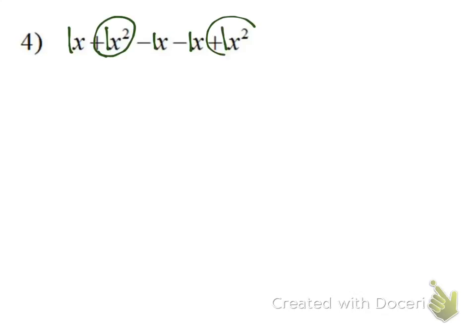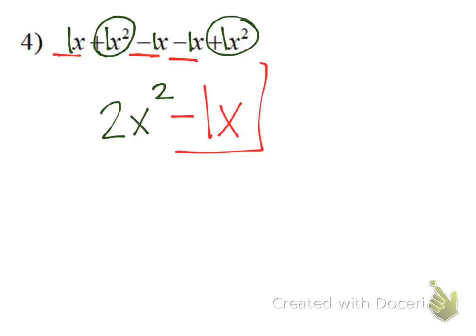I have 1x squared plus 1x squared. 2x squared. Don't change the exponent at all. We're back to like terms, just like yesterday. You're just adding and subtracting the coefficients. Here we have 1x minus 1x minus 1x. So 1 minus 1 is 0. Minus another one is just negative 1x. You don't need the 1 if you don't want it. You can get rid of it.